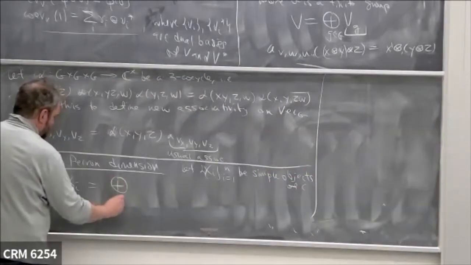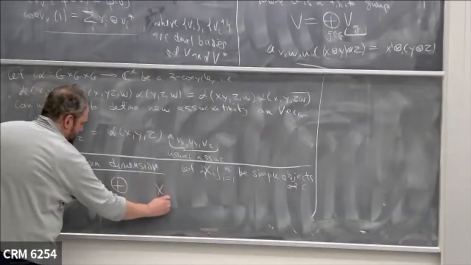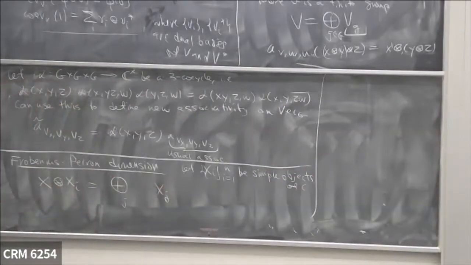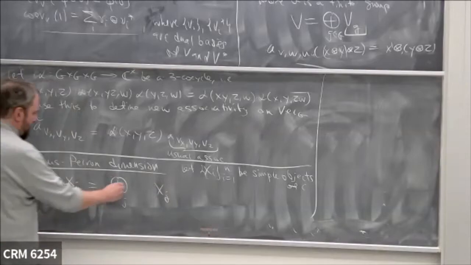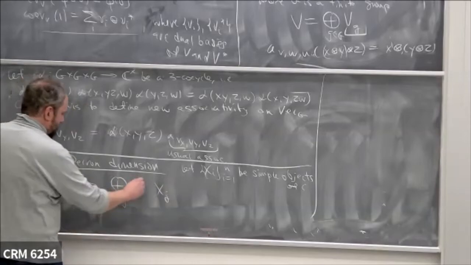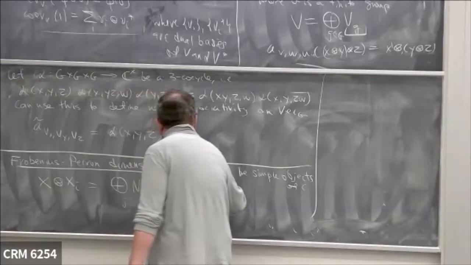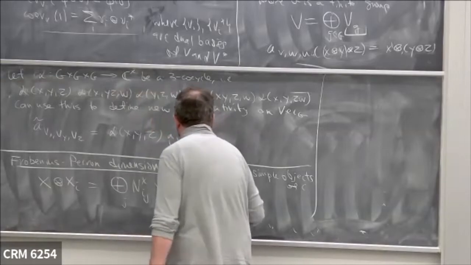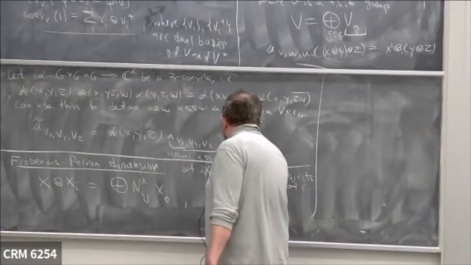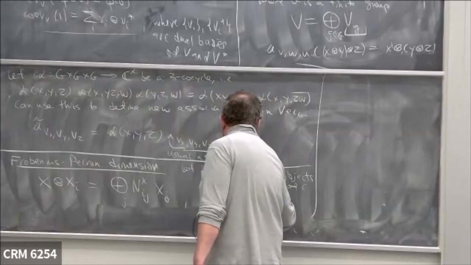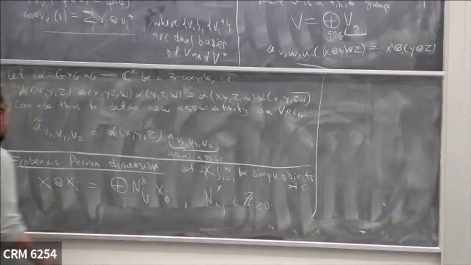be a direct sum of some objects x_j, possibly with some multiplicity. So I introduce these multiplicities like this, n^x_ij, where n^x_ij are non-negative integers. Each object can come with a certain multiplicity.